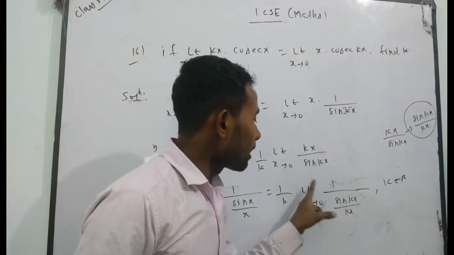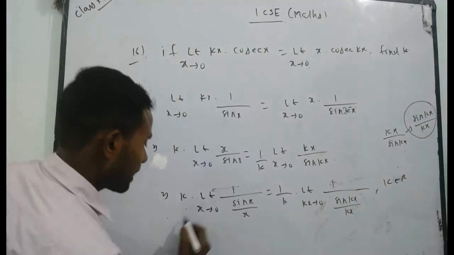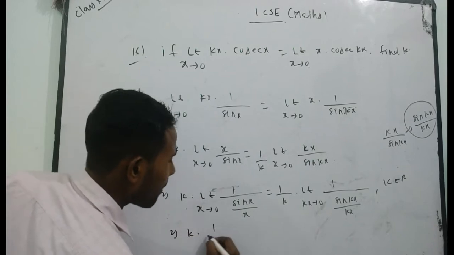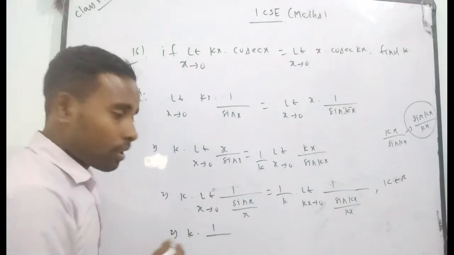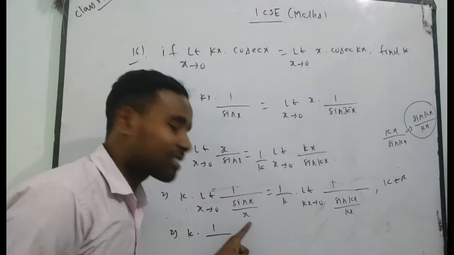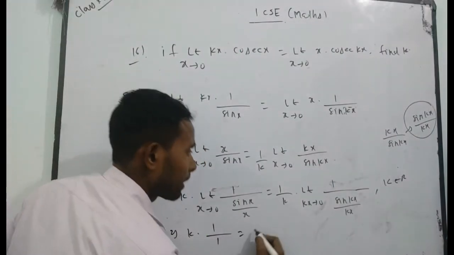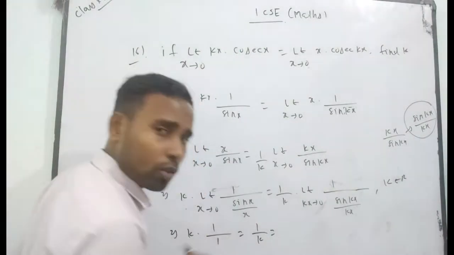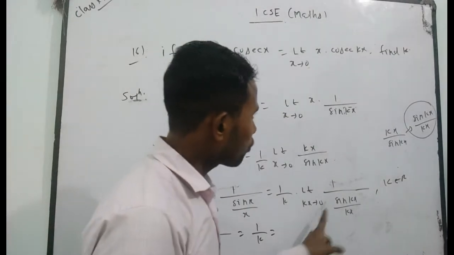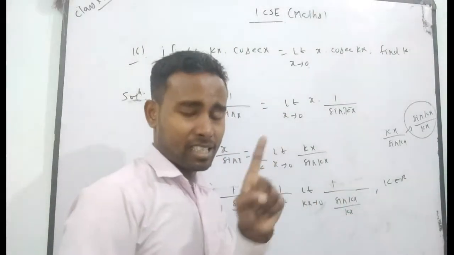That will be limit kx tends to 0, 1 by sin kx by kx. As you know, sin x by x tends to 1 when x tends to 0, which will be 1, and it will be 1 by k. Similarly, when kx tends to 0, then sin kx by kx tends to 1.